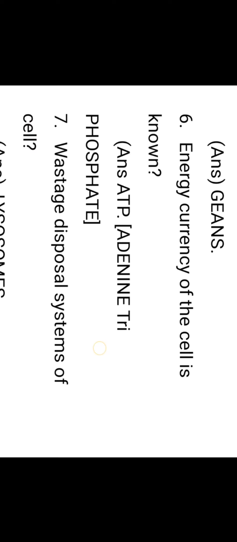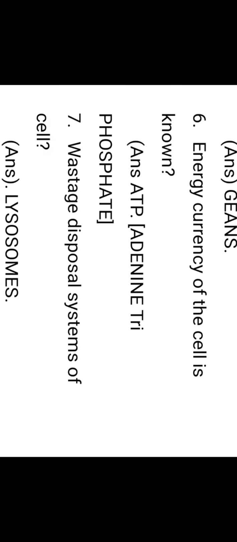Next, the energy currency of the cell is known as ATP, adenosine triphosphate. This is the most important bit. ATP is also called the energy currency of the cell.